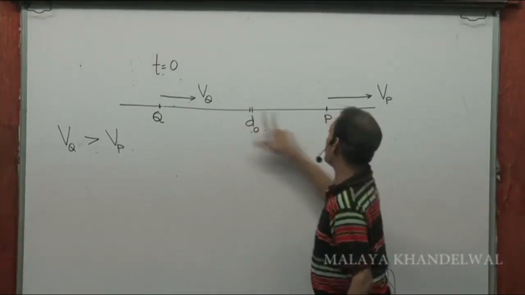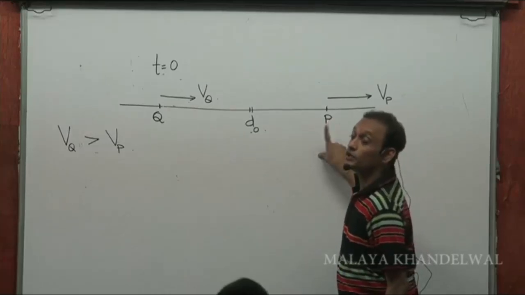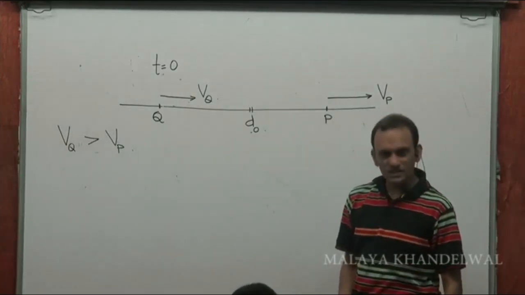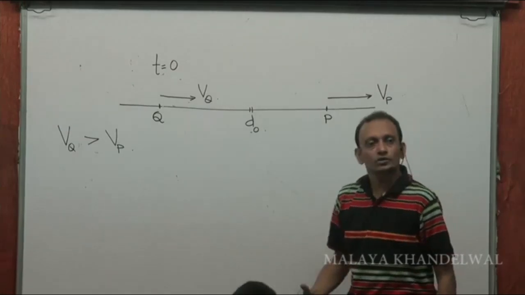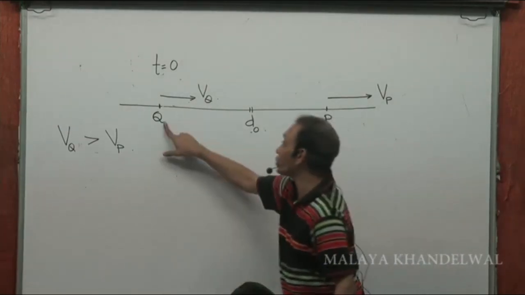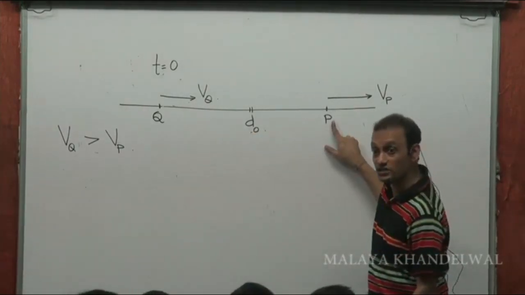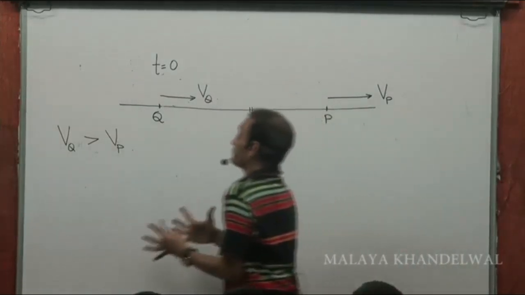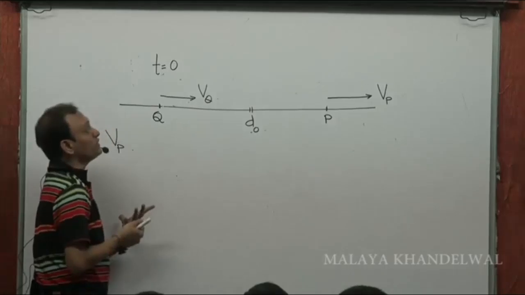Now if Vq is bigger than Vp, subsequently Q would bump into P. If Vq is smaller than Vp, Q will never bump into P. But if the velocity of this is larger than the velocity of this, then they will bump into each other, right? And how do you find the time they take to bump into each other?